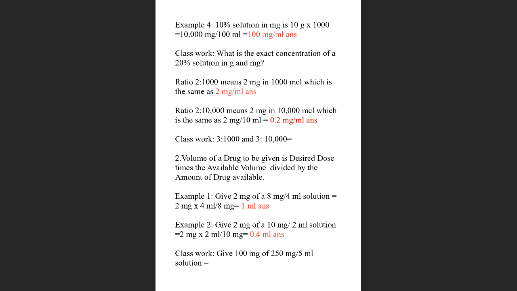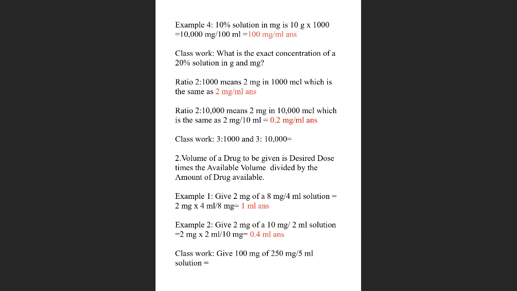The available volume is the amount of fluid you have available, and the amount of drug is how much of the drug is available. So following the formula, it would be 2 milligrams times 2 mils divided by 10 milligrams.